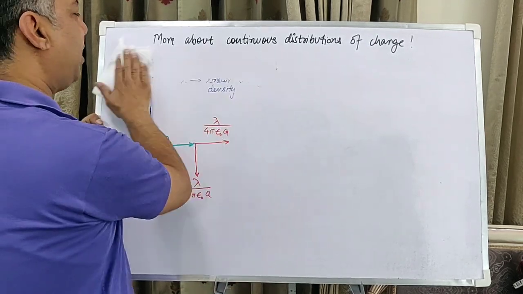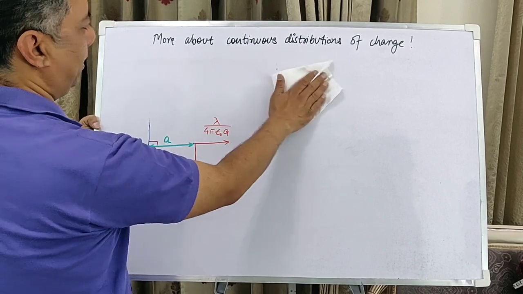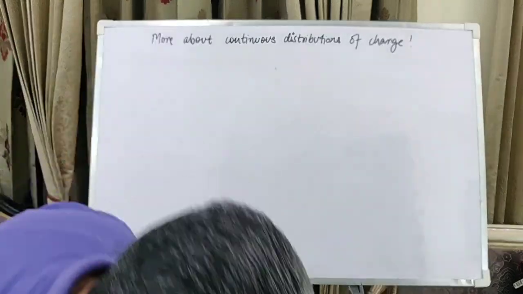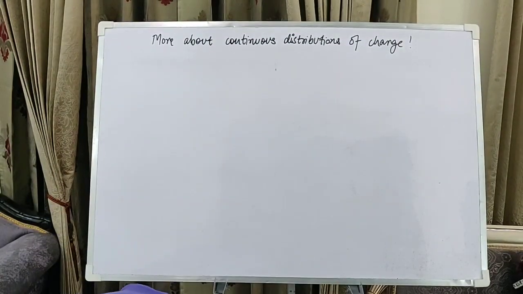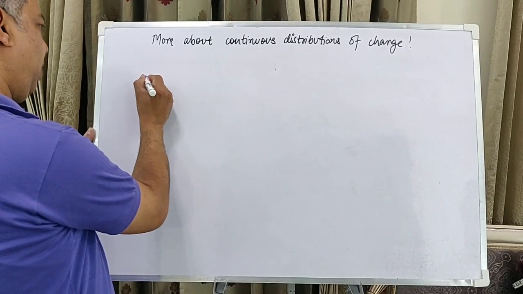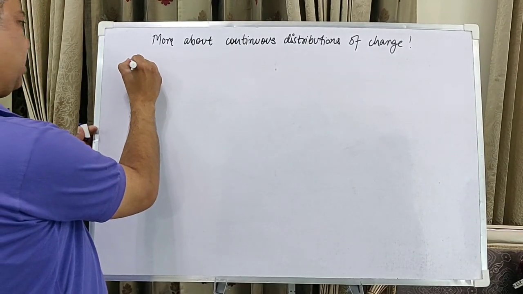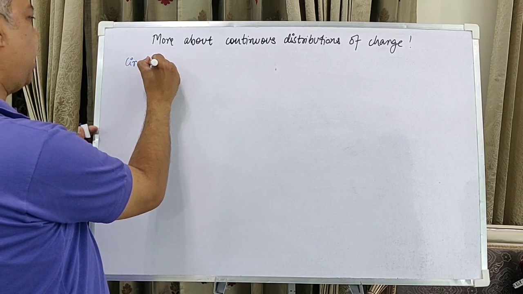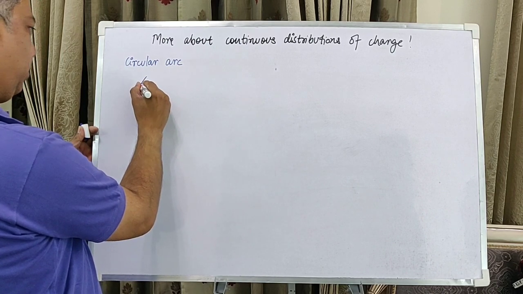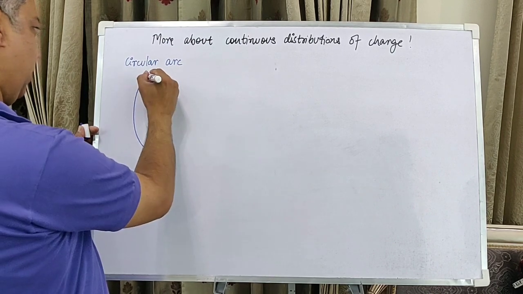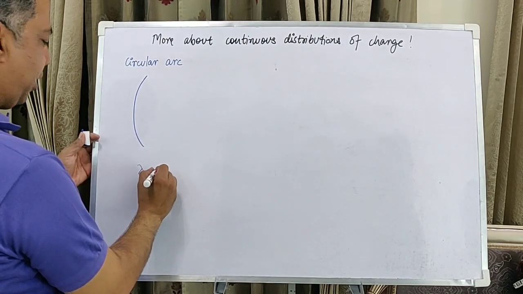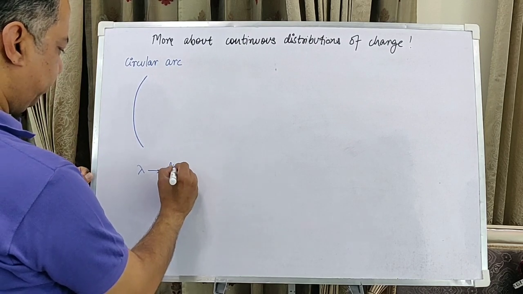Now, the next one that I'm taking up is a semicircular arc. Not semicircular, but let's say circular arc. So, we have a circular arc like this one here. Again, it carries a linear charge density lambda.